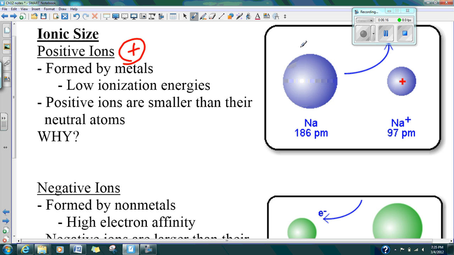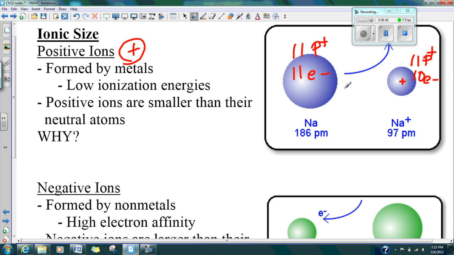Well, if I take a look at sodium, you should be able to recognize from the periodic chart its atomic number is 11. So that means I have 11 protons and 11 electrons. So I have my neutral atom. When it loses that one electron and it has lost it to something else that wants it, I still have 11 protons, but now I only have 10 electrons.